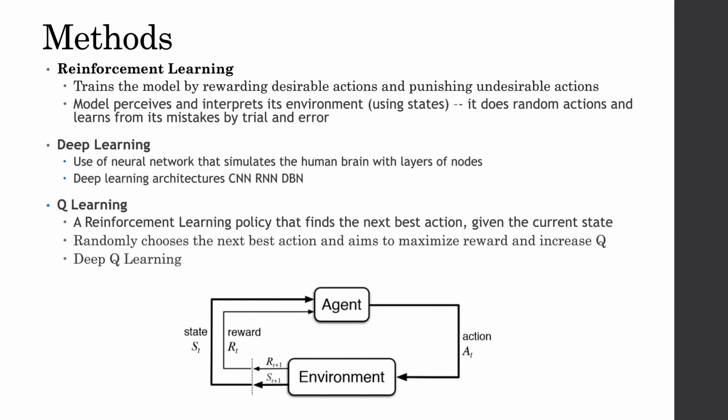To delve deeper into the minutia of how our AI works, we should go over a few techniques within machine learning. There are three main types of machine learning: supervised learning, reinforcement learning, and another.